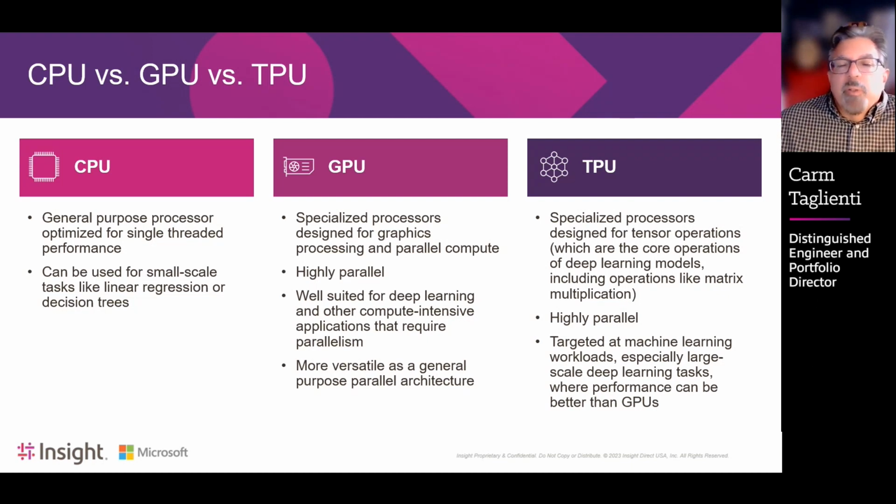But in general, the GPU usually becomes the workhorse, as we think about it today, of the machine learning or AI algorithmic training and also serving models. However, the TPUs are specialized processors which are really good at specifically machine learning workloads, especially large-scale deep learning tasks.